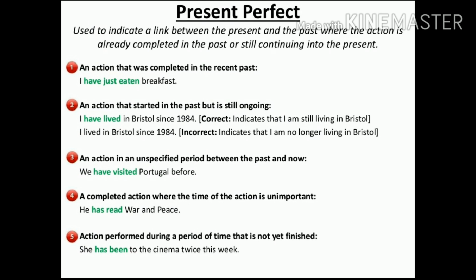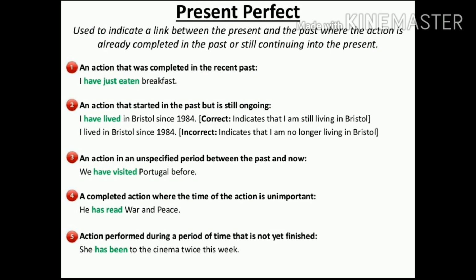Third, an action in an unspecified period between the past and now. Now, when we are explaining something, or telling about ourselves in our introduction, there are many instances where we have to indicate an action which happened somewhere between the past and now. We don't know the exact time.